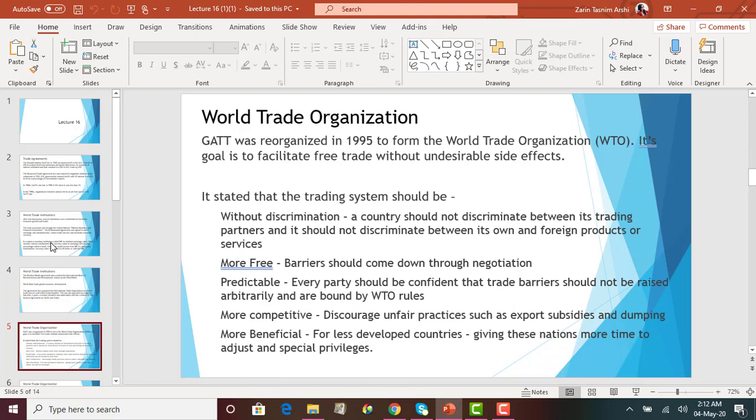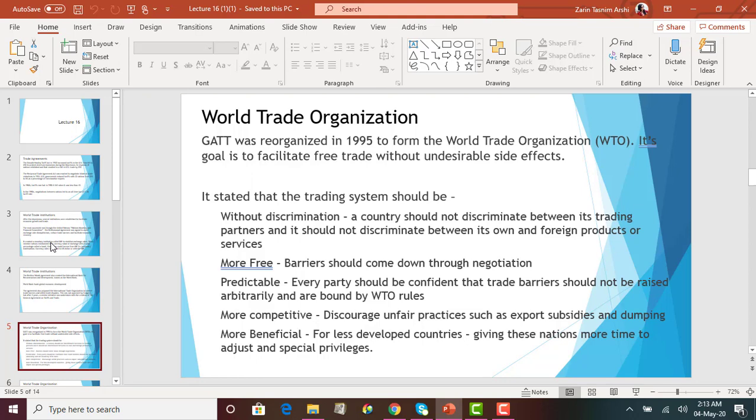Then another thing that came was, before we had GATT, and GATT was reorganized in 1995 to form the WTO, or the World Trade Organization. Again, I'm sure you have heard about this entity. Previously it was known as GATT, and in 1995 it was reorganized to form the WTO, or World Trade Organization.